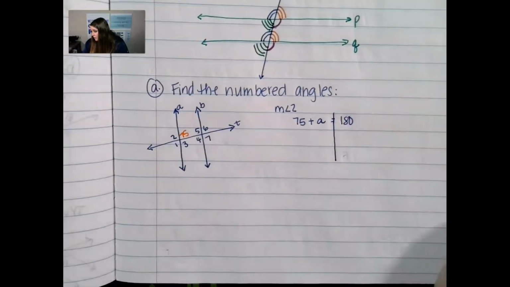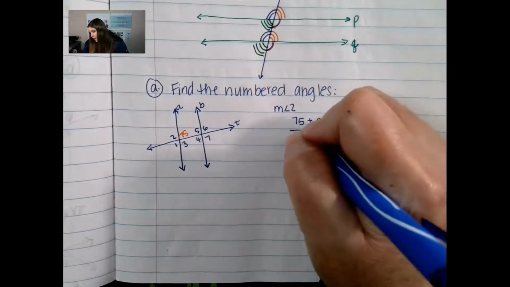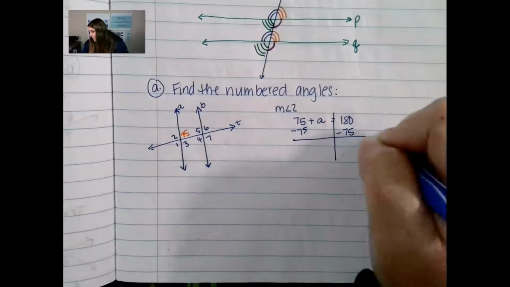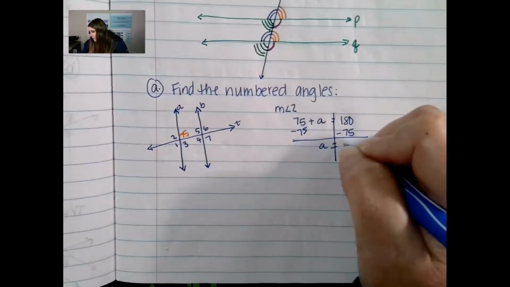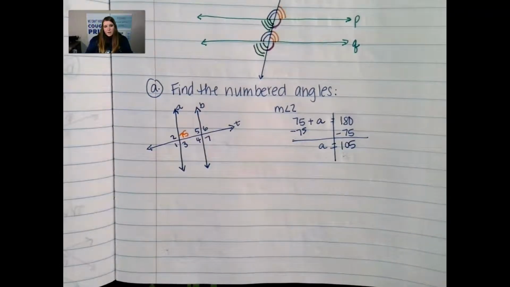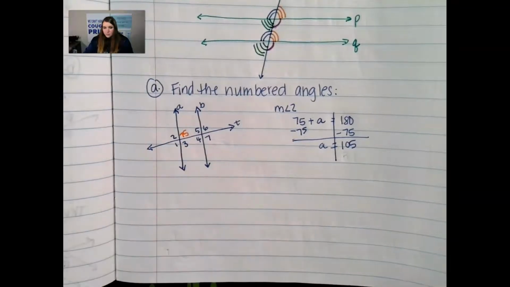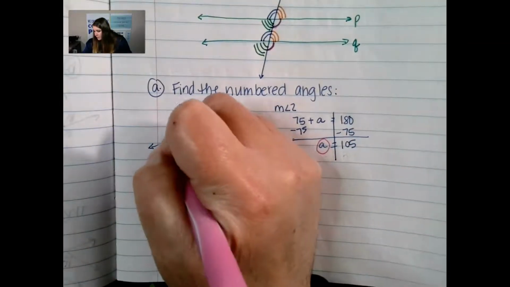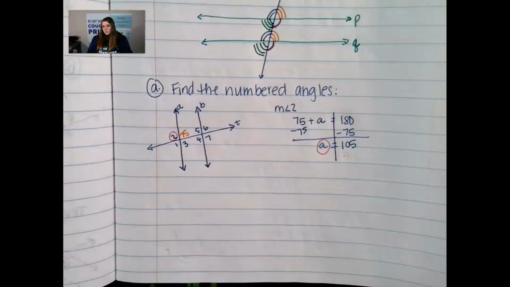So we draw this line, subtract 75, subtract 75, and we get A is going to equal 105. So now we have found angle 2. Angle 2 right here and right here is going to be 105. So 105 for the measure of angle 2.